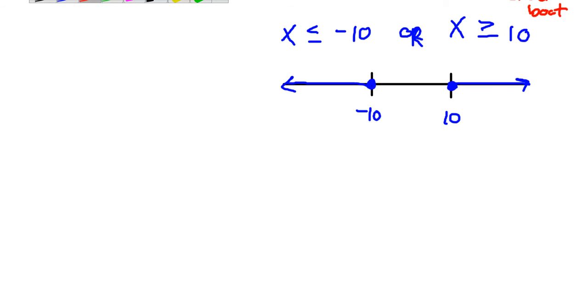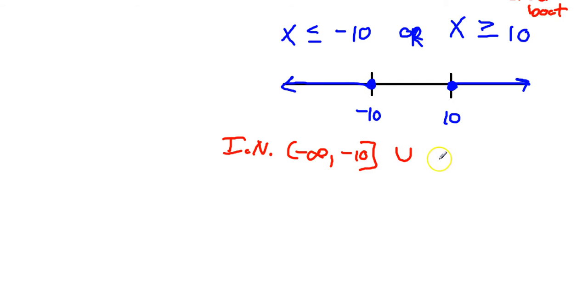Interval notation, that one would be, we go from negative infinity up to negative 10. And because it's a solid circle, we'd block it off. Go union, block off the 10, and go to infinity.